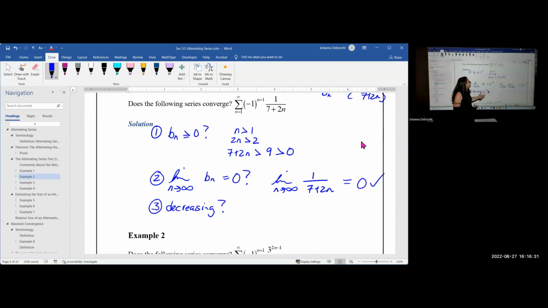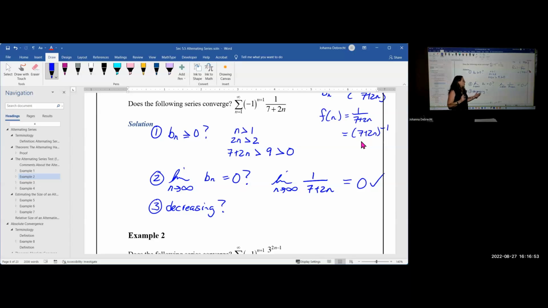In my case, I decided that I was going to go ahead and write this as a function. So I'm going to think of this as f of n equal to 1 over 7 plus 2n, which I'm then going to write as 7 plus 2n to the negative 1 power to make it easier to apply the power rule for derivatives.